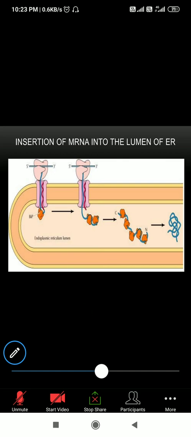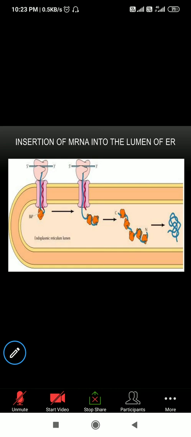Now these proteins need to get folded first, then after folding they need processing. So the next is protein folding and processing inside the lumen of the endoplasmic reticulum. To attain the correct three-dimensional conformation, these proteins need to get assembled, as different polypeptide subunits come together to form the three-dimensional conformation.